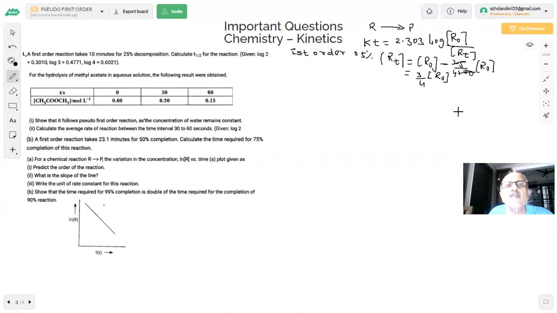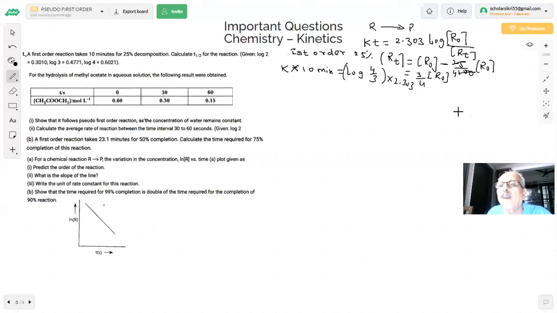Time is t. How much time is given? 10 minutes. So you will find the value of k in 10 minutes: k is equal to 2.303 by 10 times log of R0 divided by 3 by 4 R0. What will be the result? R0 will cancel, so you will get log of 4 by 3, and there is a 2.303 already before that.